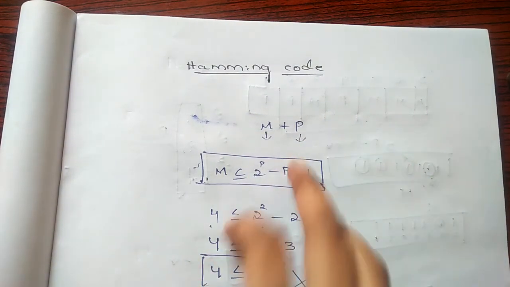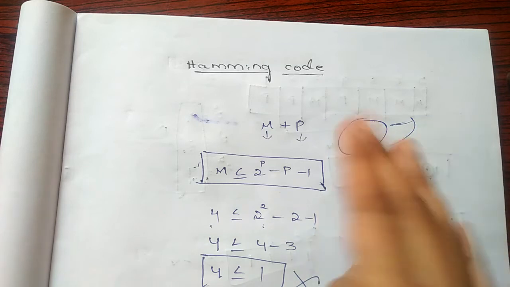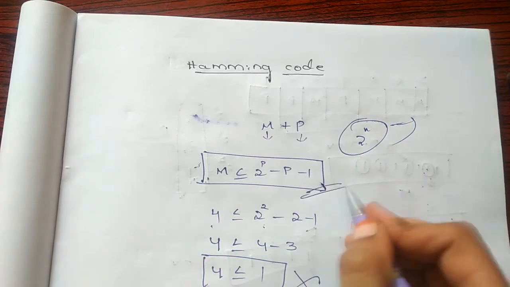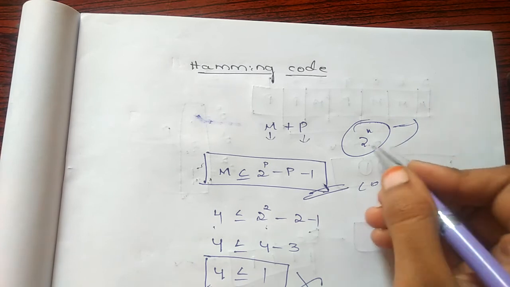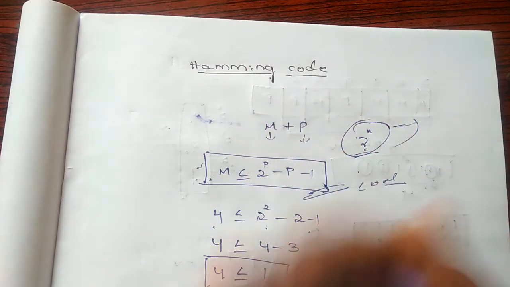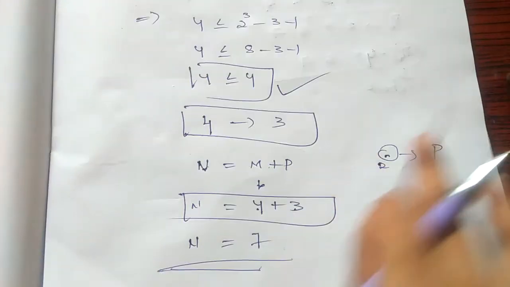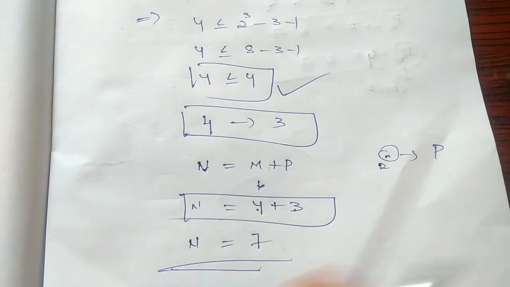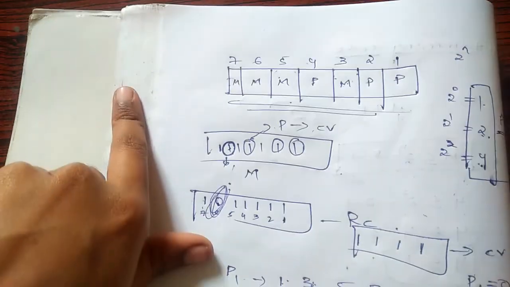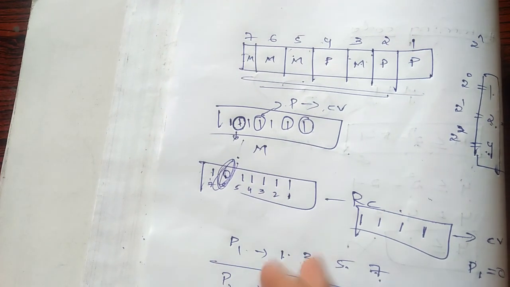For the parity bit allocations we consider 2 power n spaces. For the number of parity bits we consider this condition. For the spaces we consider 2 power n, but for the number of bits to be sent with the message bits we consider these conditions, and after satisfying this condition we get the number of parities. After getting the total number of bits, we group accordingly with the 2 power n formula, and after looking into one problem we come to know how it is detecting and correcting.